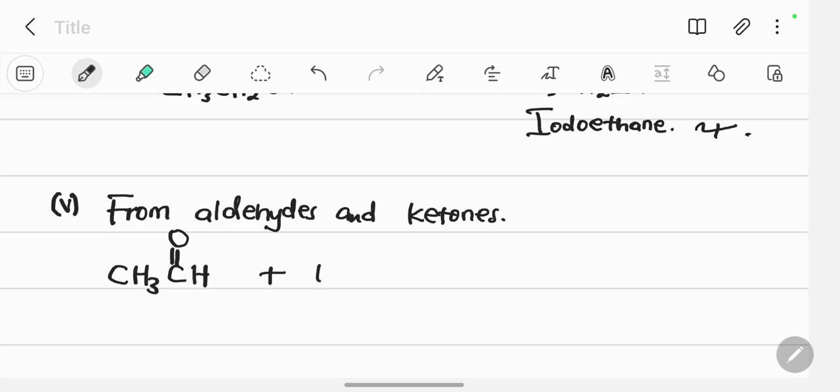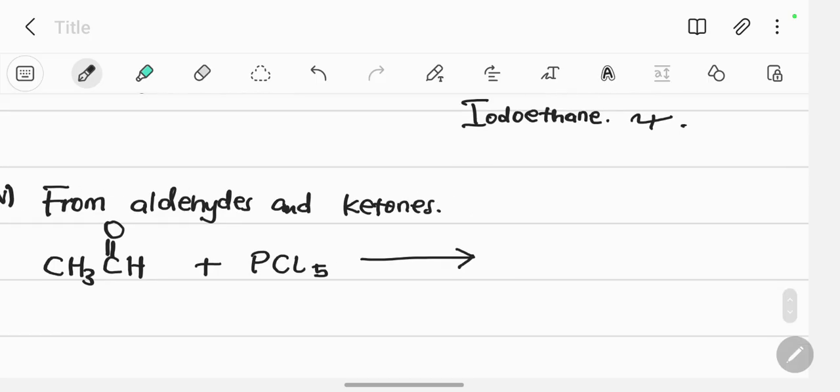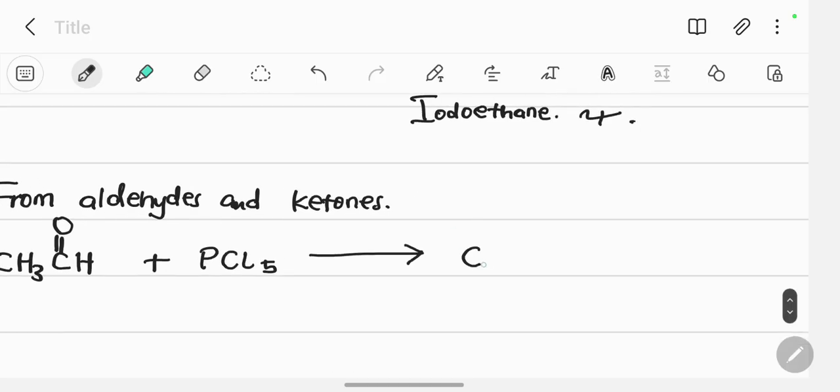When we add there PCl5, what do we get? We end up with CH3, C, our chlorine up and down, and hydrogen. This is the major product we get.